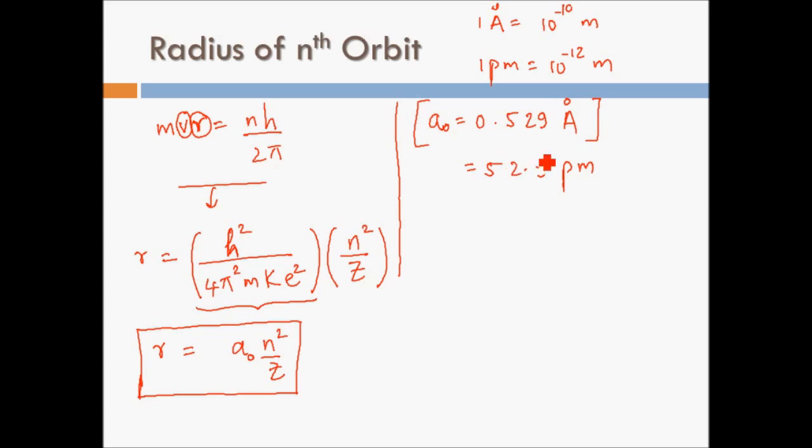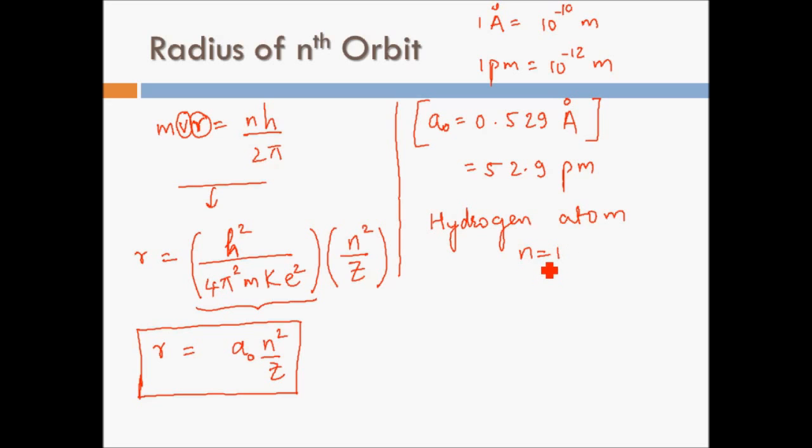If you know the conversion between angstrom, picometer, meter and nanometer, then you don't have to remember any other values. So let's take hydrogen atom again, and in this hydrogen atom, let's talk about the first orbit.